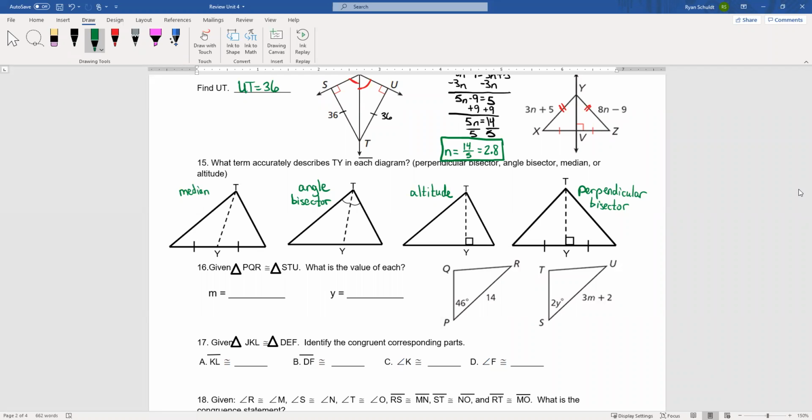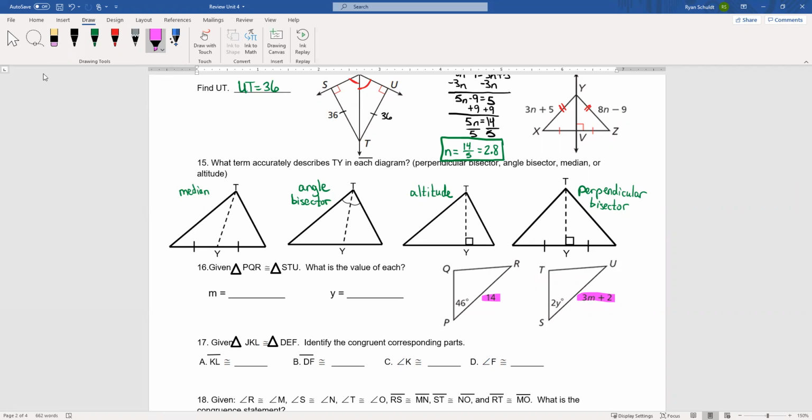Okay, 16. 16 tells us that triangle PQR is congruent to triangle STU. They ask us to find a couple of things. First, we want to find M. There's our M. And we've got a side. PR is congruent to SU.